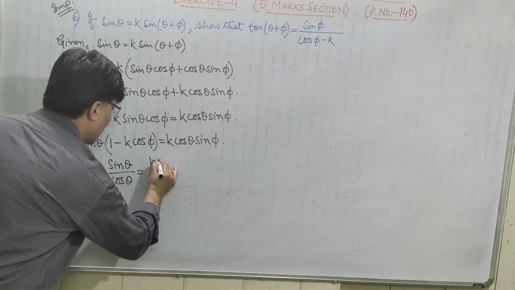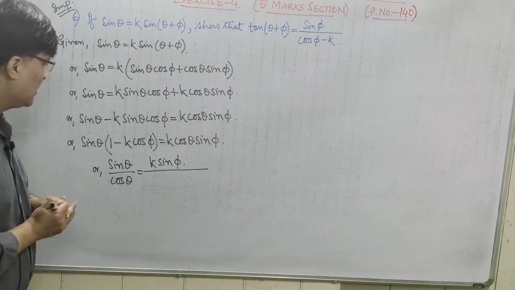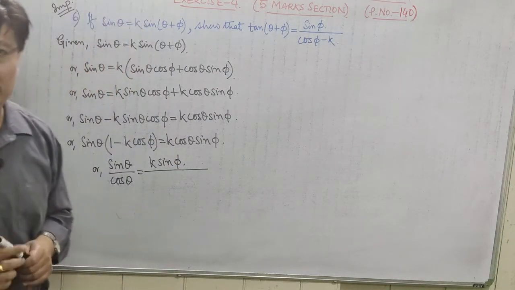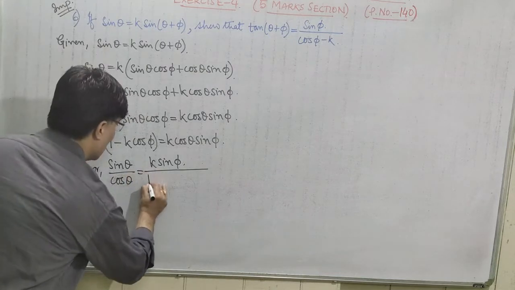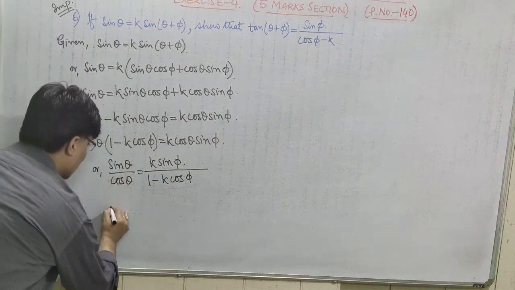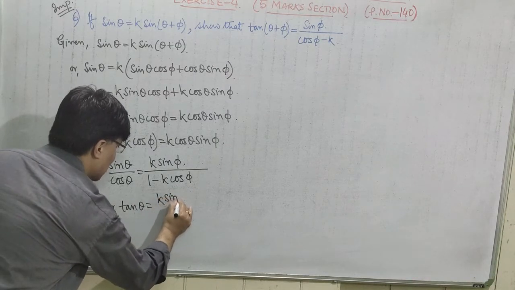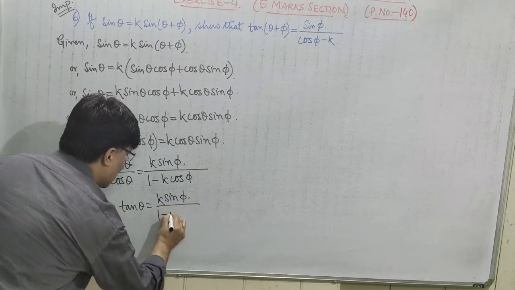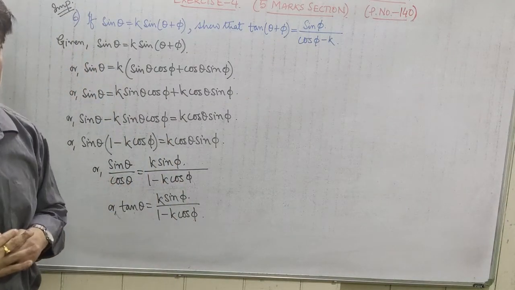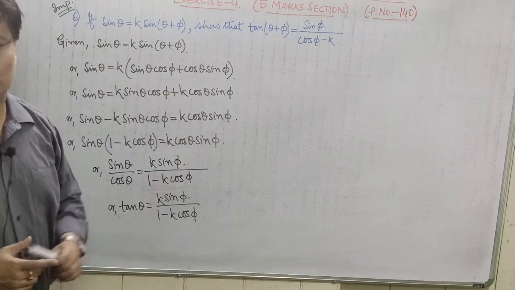So k sin φ divided by 1 − k cos φ, with 1 − k cos φ in the denominator on the right hand side. Is that clear? What is sin θ by cos θ? That is your tan θ, which is equal to k sin φ / (1 − k cos φ). So we have got the value for tan θ. Is it clear now?